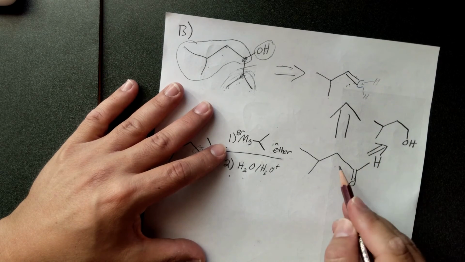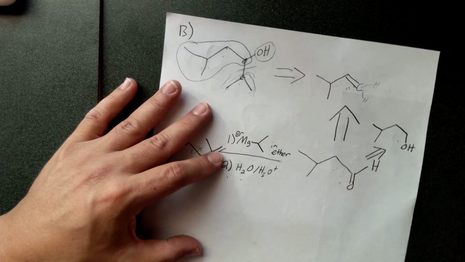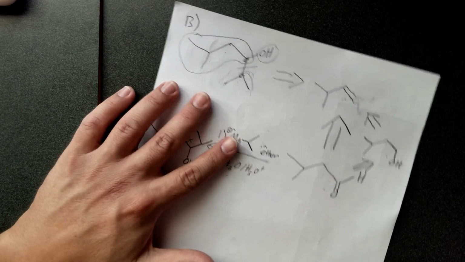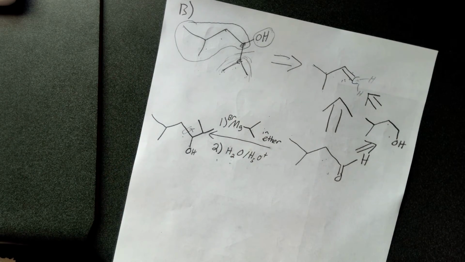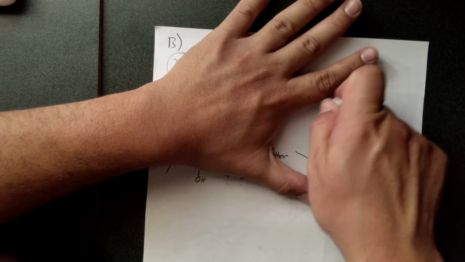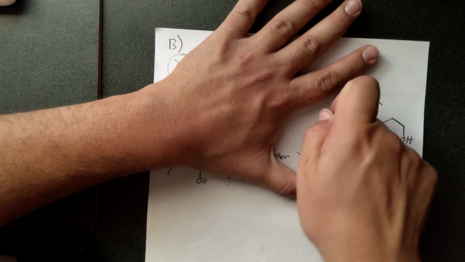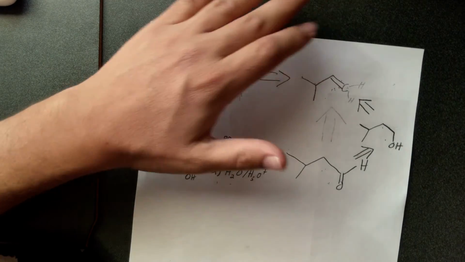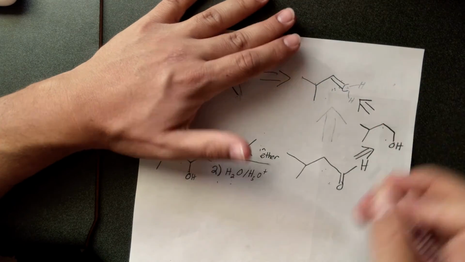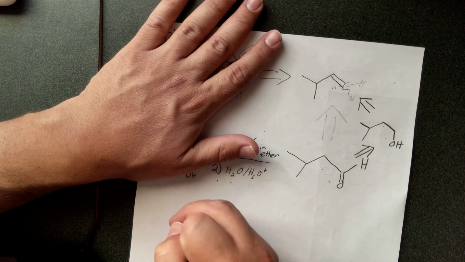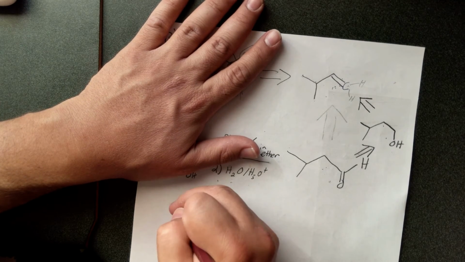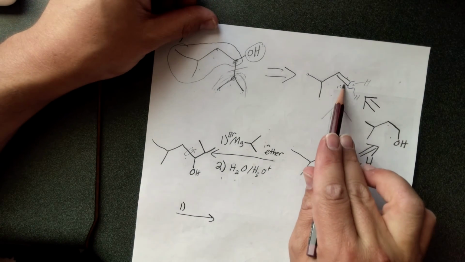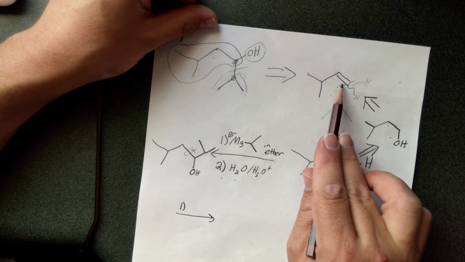So we need to find a way to make this from this alcohol, and a way to make this alcohol from this alkene. And it turns out that is it. Those are the intermediates that would best work. And so what are those reagents? It turns out those reagents are, because remember, we've learned that we can turn alkenes into alcohols in various ways.